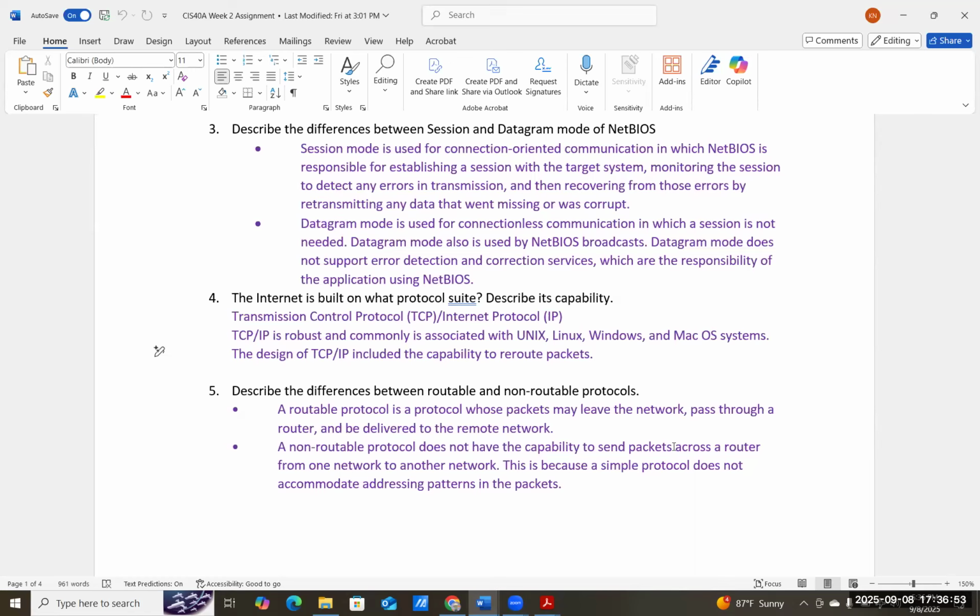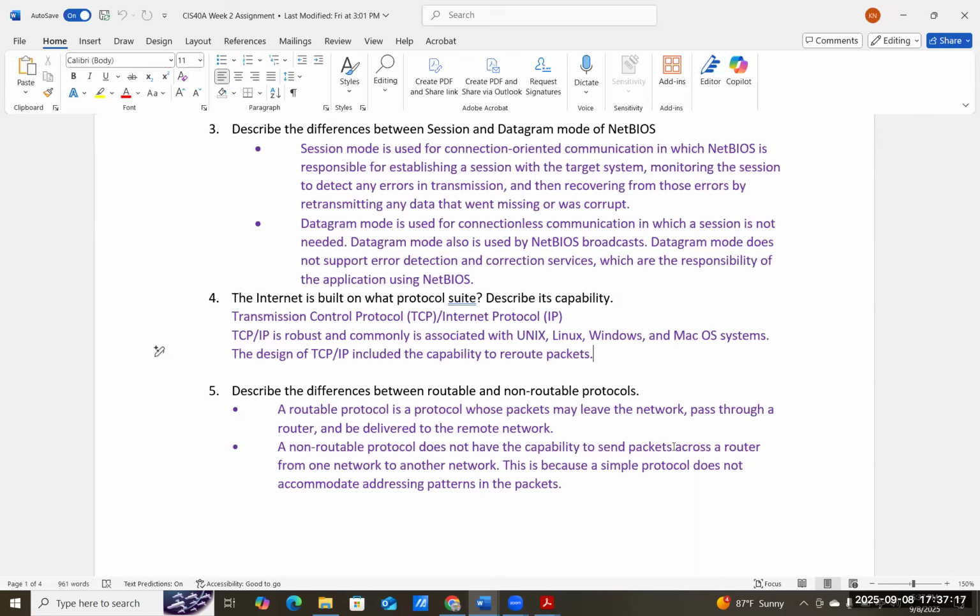Those protocols can be handled by the router. Now, on the other hand, the non-routable protocol does not have this capability. So it won't be able to send or pass that to the router, or go from network A to network B.